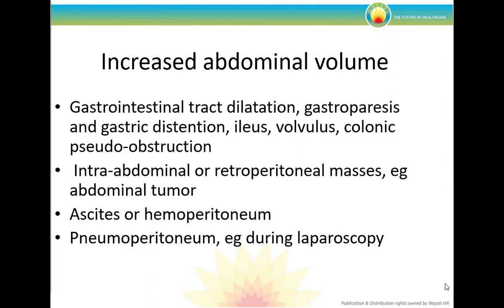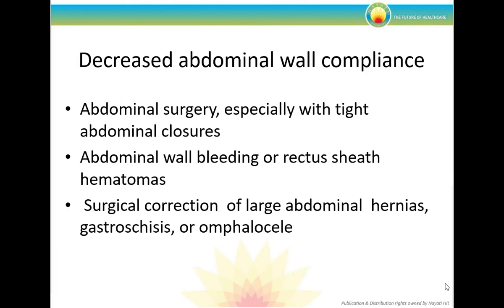These are some of the classical cases that you routinely see. Or even intra-abdominal or retroperitoneal masses can give rise to increase in abdominal volume. Patients who have ascites, patients can present with tense ascites, or patients can present with hemoperitoneum. Pneumoperitoneum during laparoscopy can also lead to increased abdominal volume and intra-abdominal hypertension.